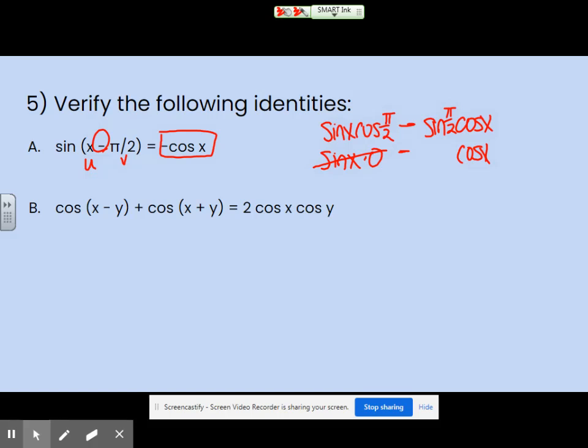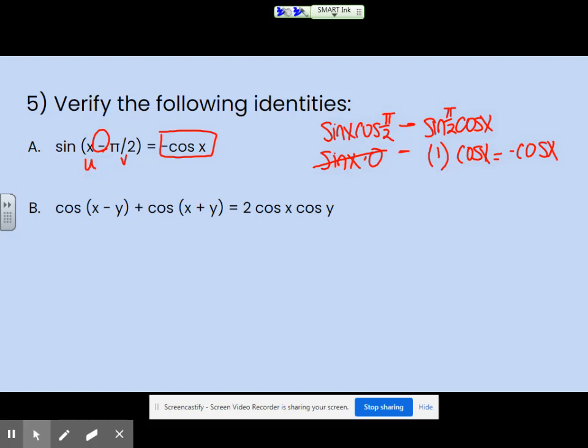I can't forget about it, even though the other half of it is 0. Sine at pi over 2 is 1, so I have negative 1 times cosine, aka negative cosine, and my left matches my right in a proof that's way, way easier than what we did in 5.2.